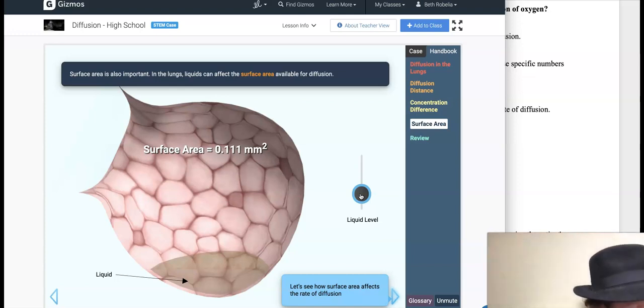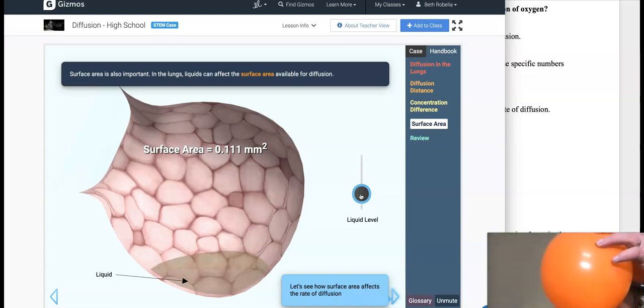And here's a balloon that's going to represent my alveolus. You can see the light is going right through it, and it has all the surface available for diffusion. If we have a little water, I have a little water in my water balloon here.